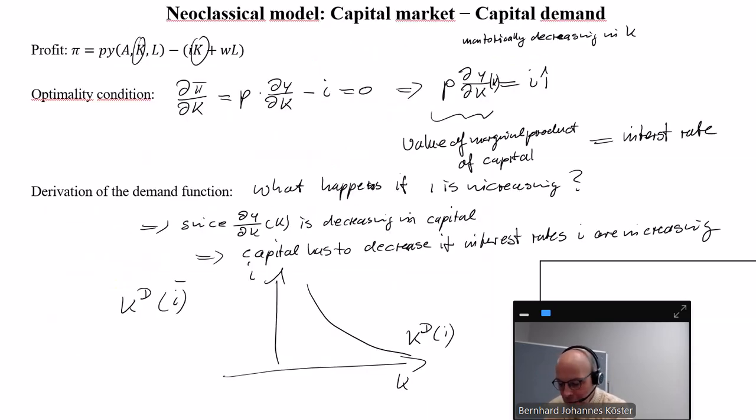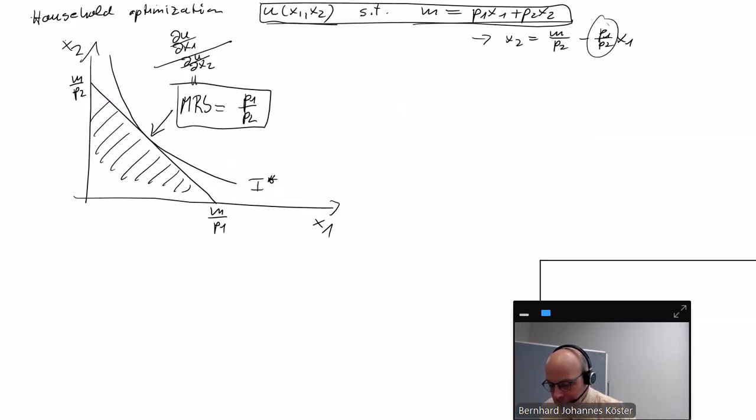And then we moved to the labor supply, and there at first I introduced just the household optimum, where you derive the optimal demands for some goods given some budget.